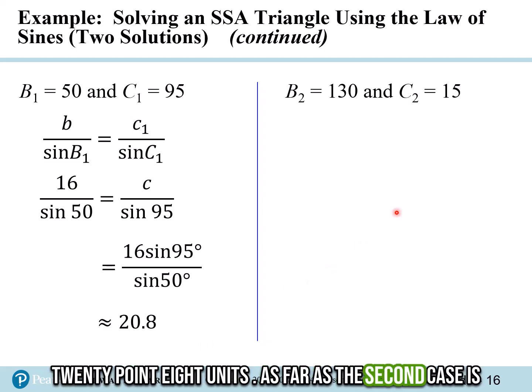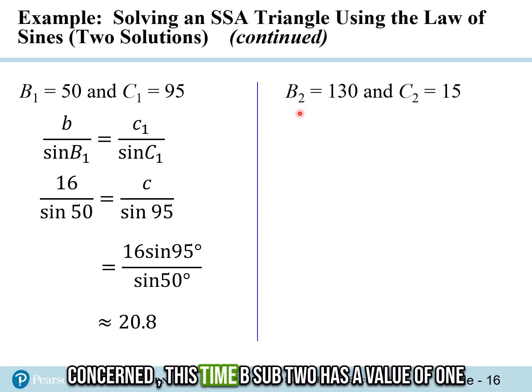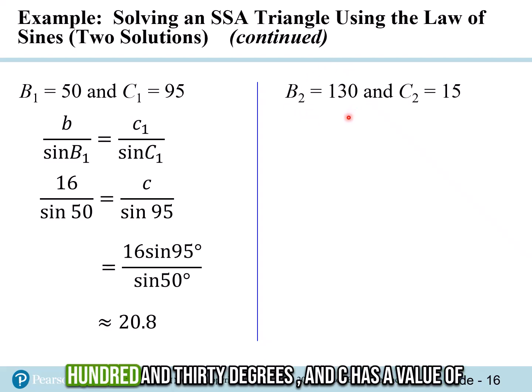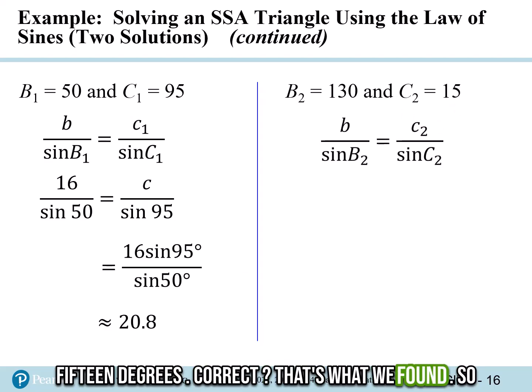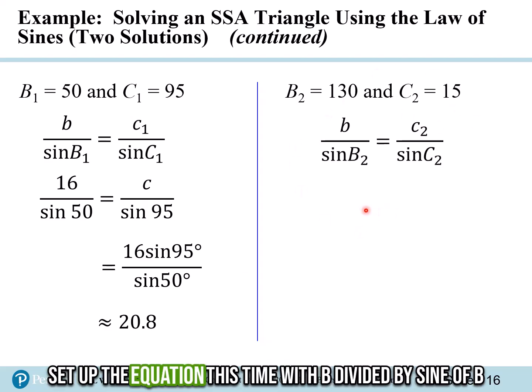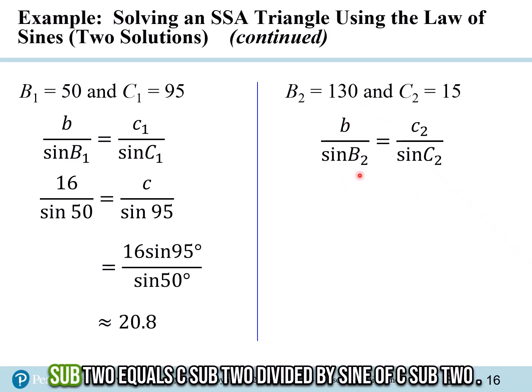As far as the second case is concerned, this time B sub 2 has a value of 130 degrees and C has a value of 15 degrees, correct? That's what we found. So set up the equation this time with B divided by sine of B sub 2 equals C sub 2 divided by sine of C sub 2.